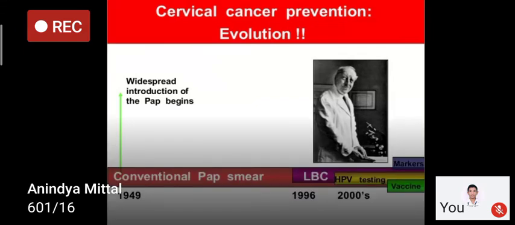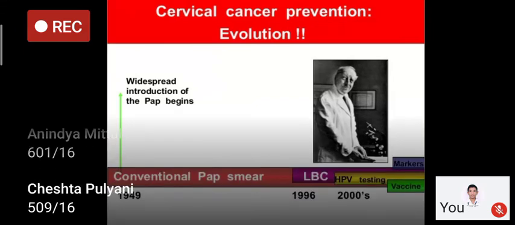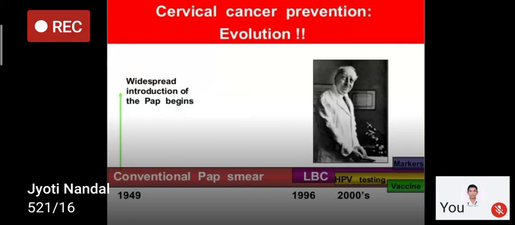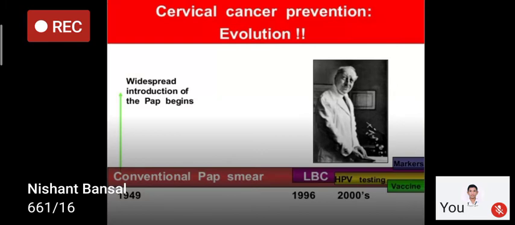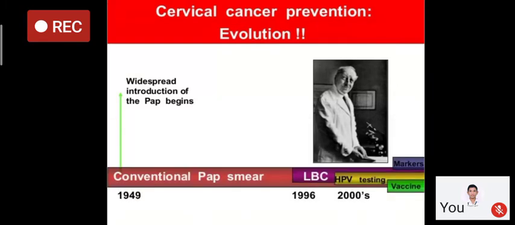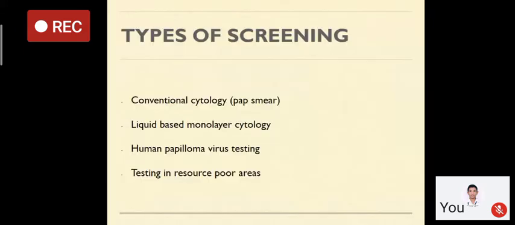If you have seen in the OPD, we have blue colored vials kept and a plastic broom like stick, I will show you, which is rotated in the cervical transformation zone, and the sample is taken in the vial. And then in 2000 HPV testing came on, and then specific markers for HPV are also available, which can be used for cervical cancer screening.